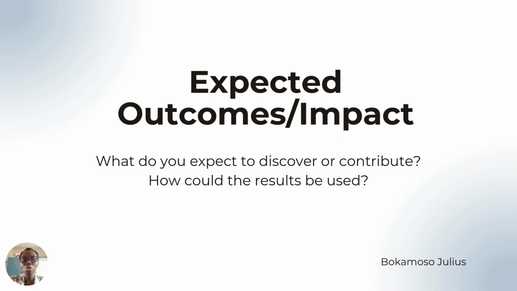Of course, at this point you have not conducted the research, but you do have an expected outcome and an impact that you want to make. So you have to be able to explain this clearly to the person who will be reading your research proposal.